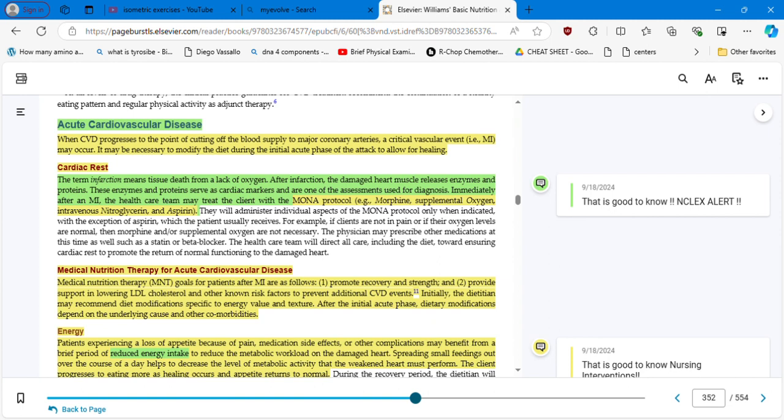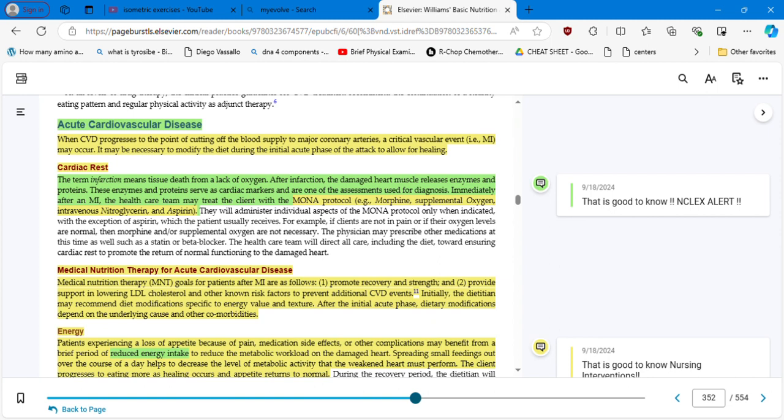So for a patient with acute cardiovascular disease, in the first part of the treatment, we need to modify the diet immediately. The term infarction means tissue death from a lack of oxygen.